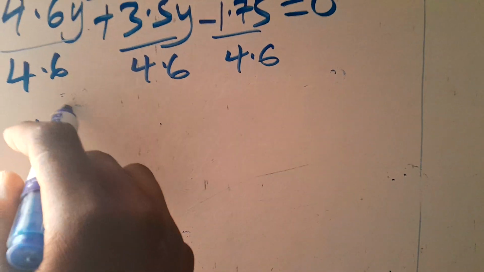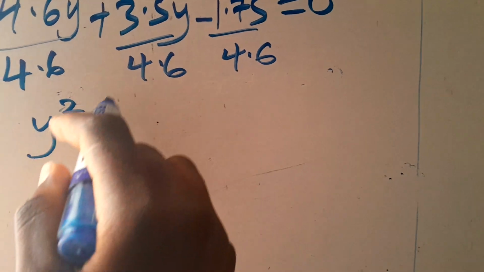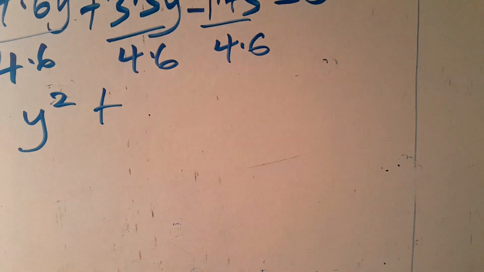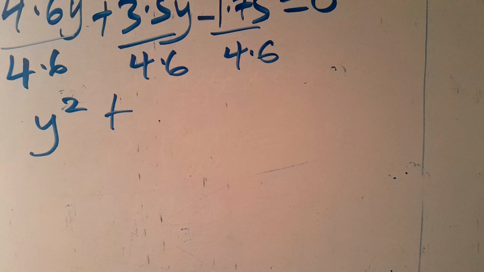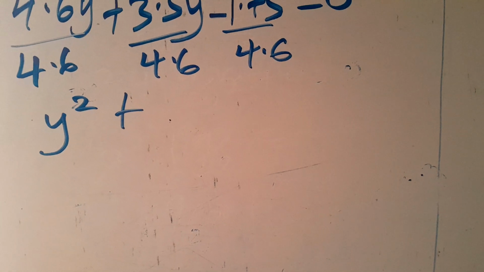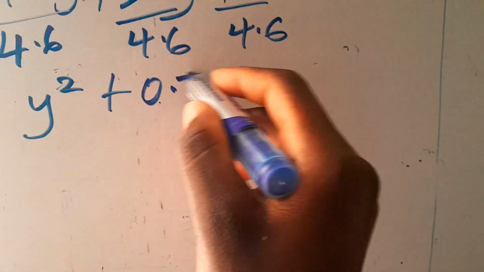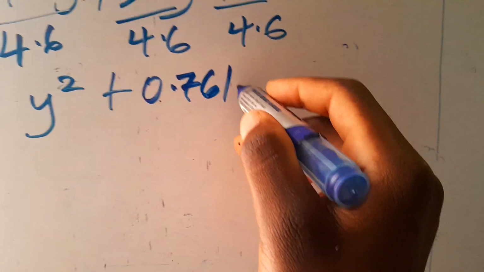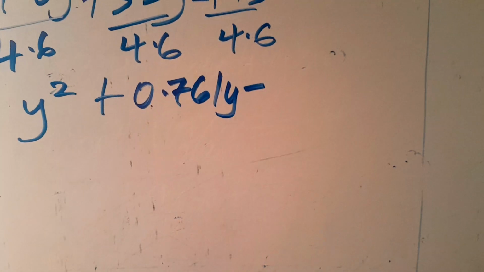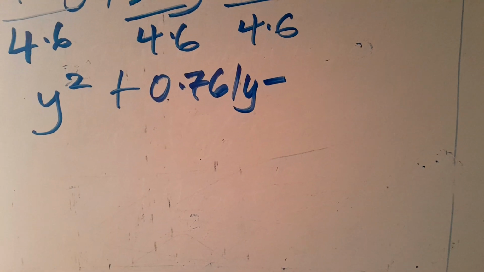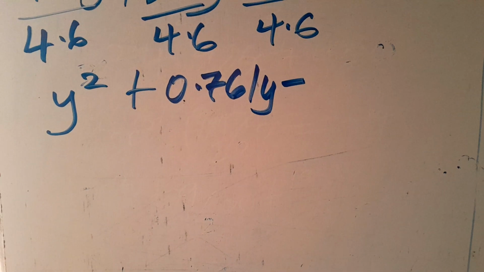We will now have y squared plus 3.5 divided by 4.6, you will get 0.761y, minus 1.75 divided by 4.6.